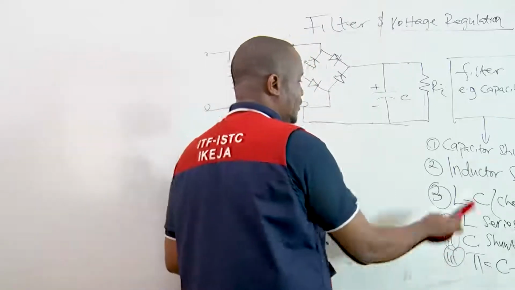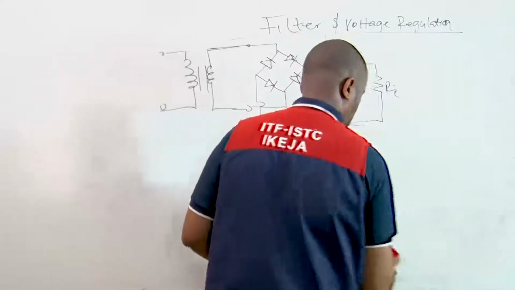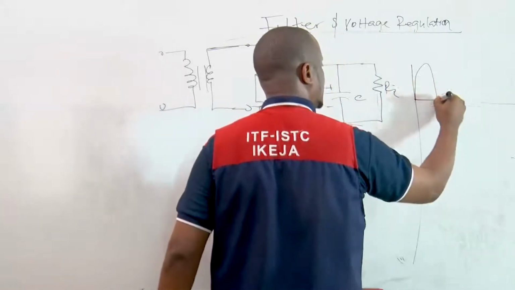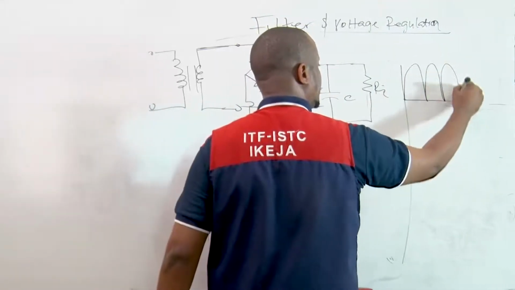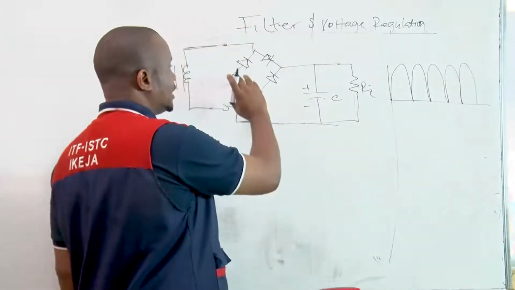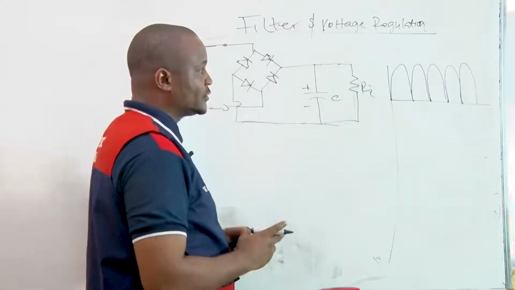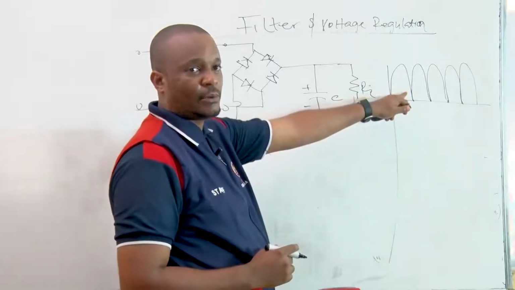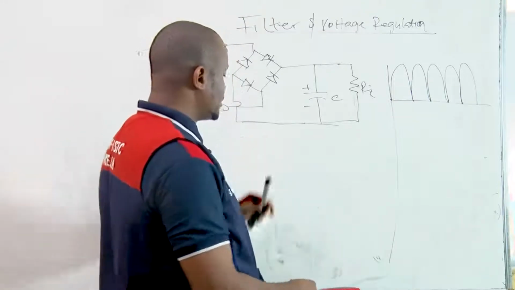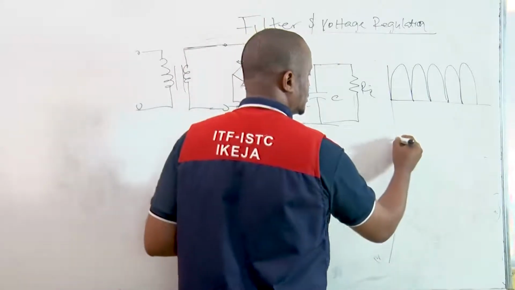If we remember our output waveform, where we have the pulsating DC, this is the pulsating DC. And in the last video, I explained the process of the positive half cycle and the negative half cycle and how we got to this point. Now, during the positive half cycle, the capacitor charges. So we're looking at the waveform.